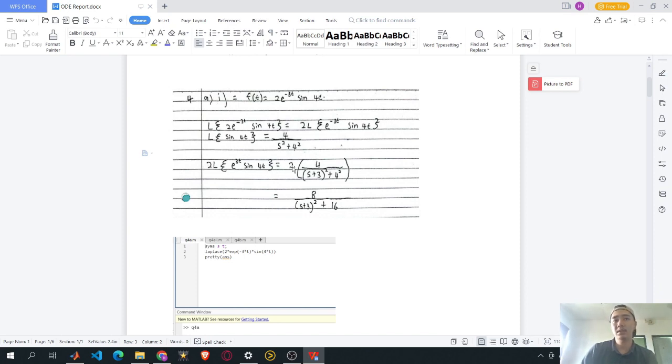The constant stays out because we don't Laplace the constant, and the exponent becomes s plus 3 squared, because s shifts by 3. So 2 times 4 equals 8, and 4 squared is 16. So 8 over (s plus 3) squared plus 16. This is the answer.